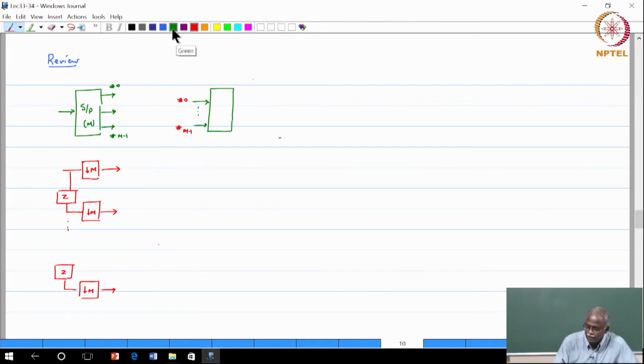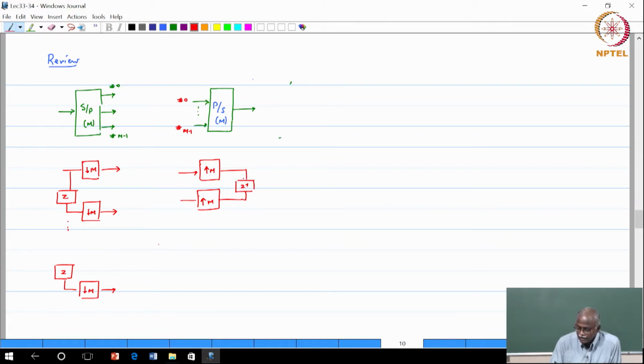This is a parallel to serial converter also of dimension m, and this one we said had the following structure, where you would have the upsampler. In order to get the sequencing correct, you would have upsamplers in each of these branches, but these would be combined using a delay.